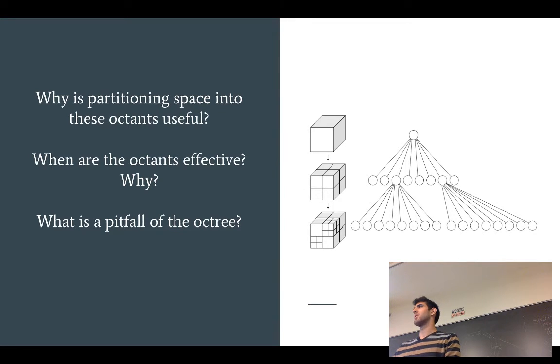Anybody else? Ninja? So is this structure storing a mesh of an object, or is it talking about space? It just stores pointers to the meshes that exist in those octants. Oh, okay. So kind of going off of that, what happens if I have an octant that has 100,000 meshes in it, and then I have 7 other octants that have nothing?